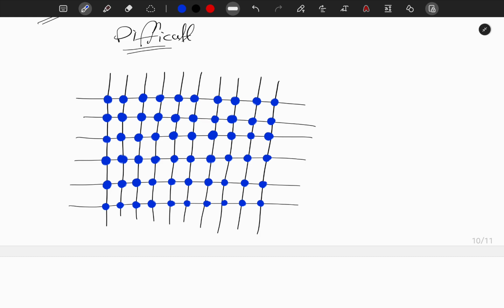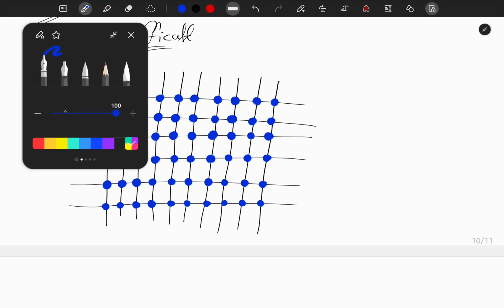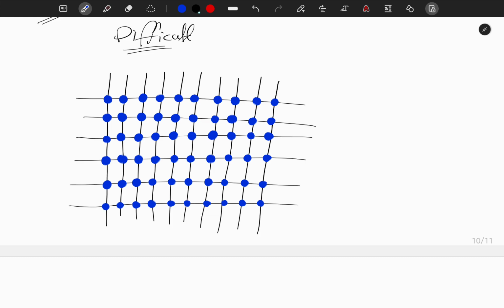So if you look, for example, at atom A, which is this atom, it has in its surroundings, for example, 3 above, 3 below and 2 on the sides.